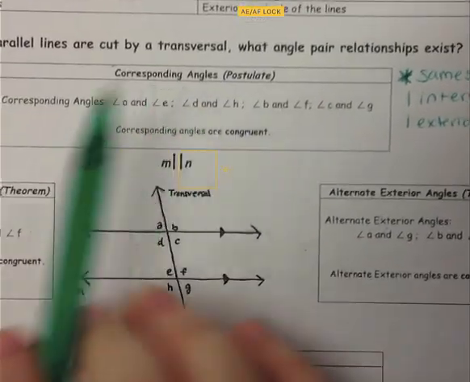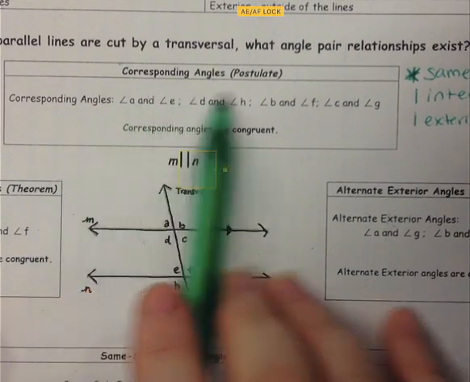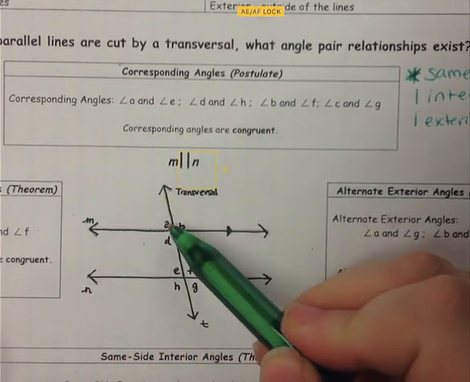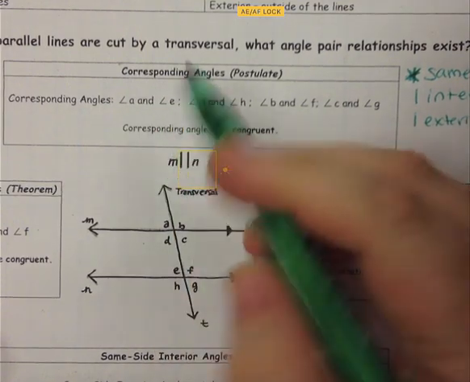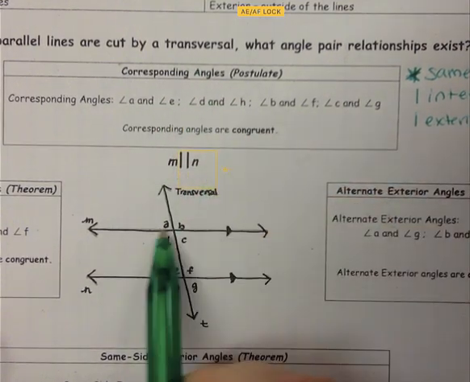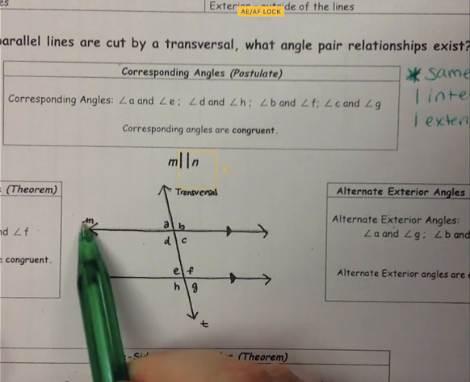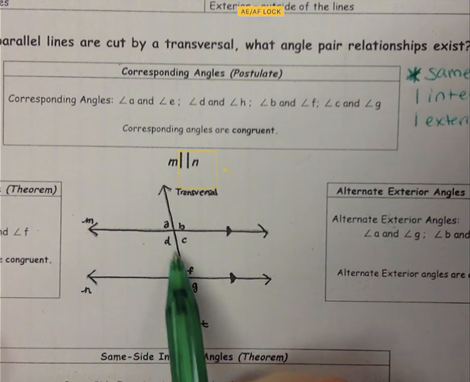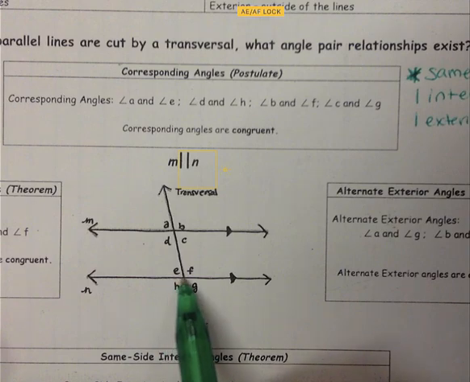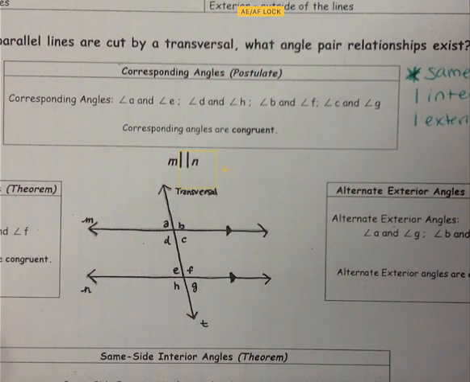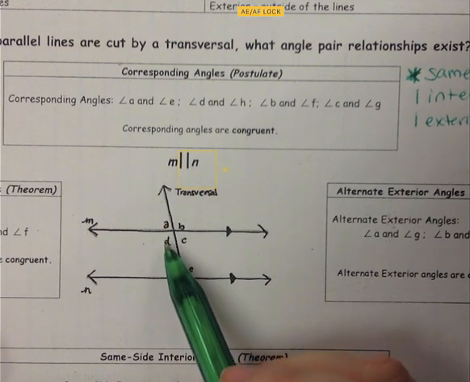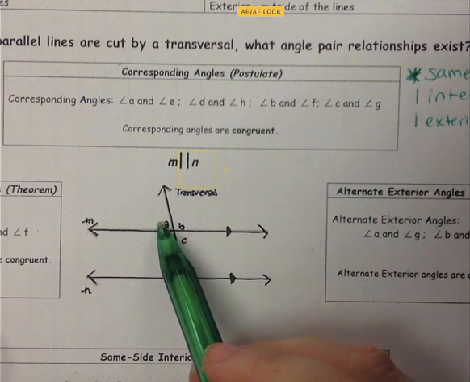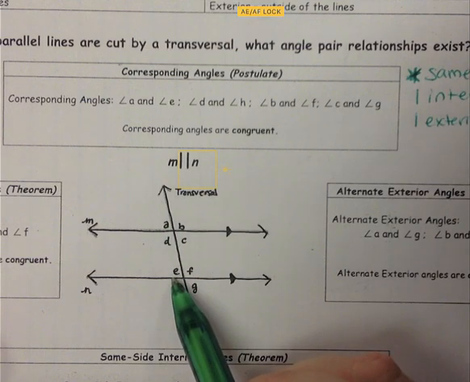Some corresponding angles are angle A and angle E. If you notice, these angles touch different parallel lines. Angle A touches line M and angle E touches line N. These types of angle pairs have to touch different parallel lines, so one has to touch M and one has to touch N.